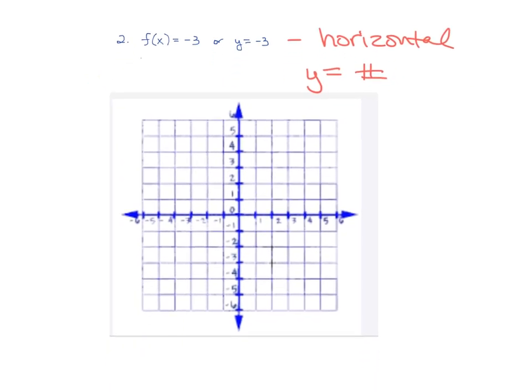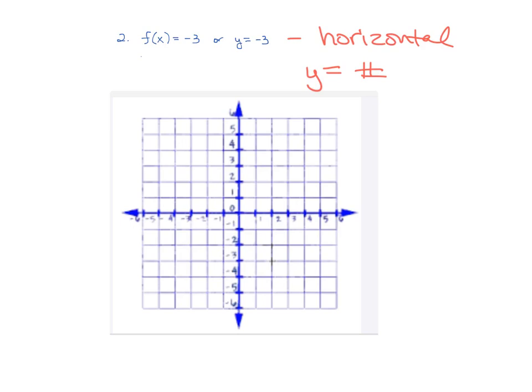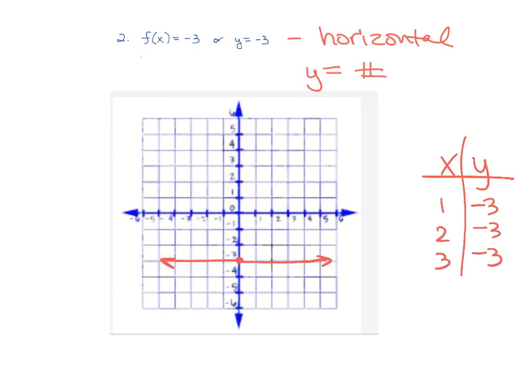One way that maybe you can think about it is when you see the y, whatever number y equals, that's where my line is going through the y-axis. So remember, if you did a little chart here, y always equals -3, and then it wouldn't matter what you put in for x. So the graph of y equals a number is always horizontal. Okay.